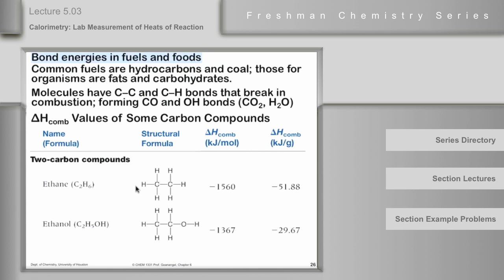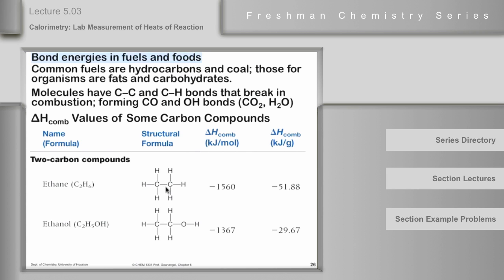Ethane's one of the components of natural gas. That's a whole lot of energy for 1 mole. 1 mole is only 26 or 30 grams, something, not very much. If you express it in kilojoules per gram, it's about negative 52 kilojoules per gram.